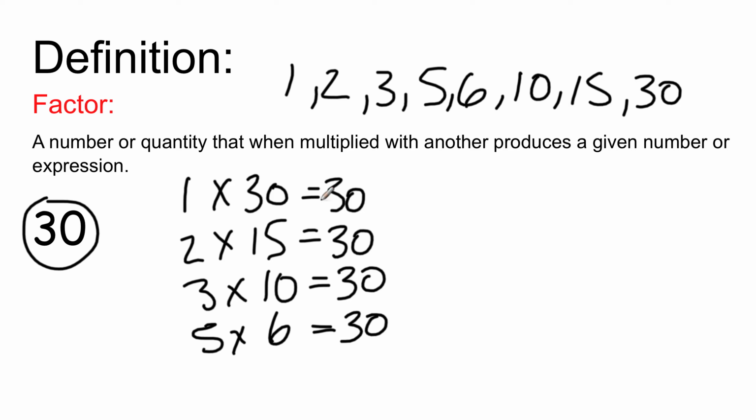So clearly, this is a composite number. 30 is not a prime number, but a composite number. So the factors: what numbers make up 30? What numbers do you need to multiply to make 30? That's a factor. So again, write this down. We'll review tomorrow.